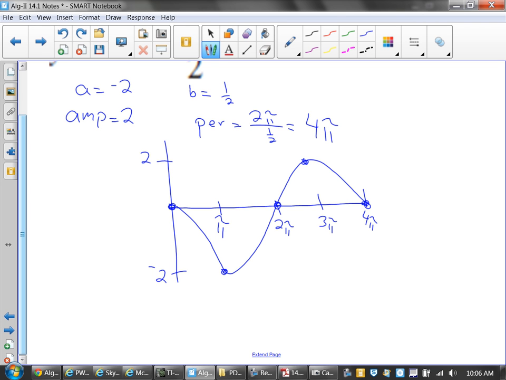That's the only difference when your a value is negative. It goes the opposite direction to start with. Same thing with cosine. If the cosine had a negative a value, it starts in the negative, works its way up, and comes back down. I honestly don't think there's any today that has that, but this is the groundwork of all the shift stuff.